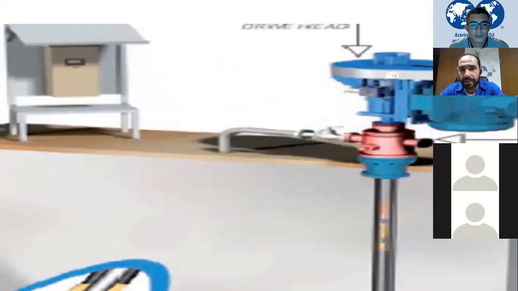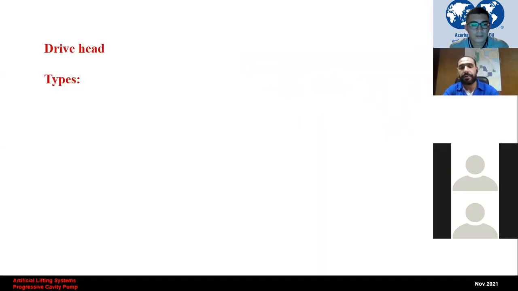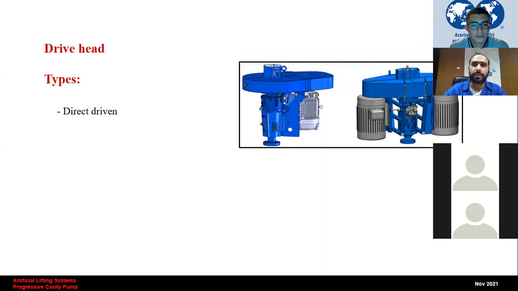The next component will be the drive head. The first type is the direct driven. Those utilize electric motors with certain kinds of transmission to transmit the power to the rod string.